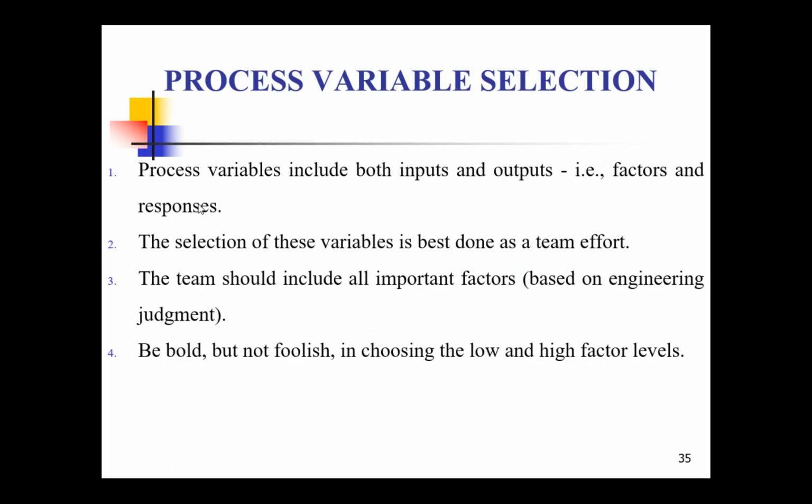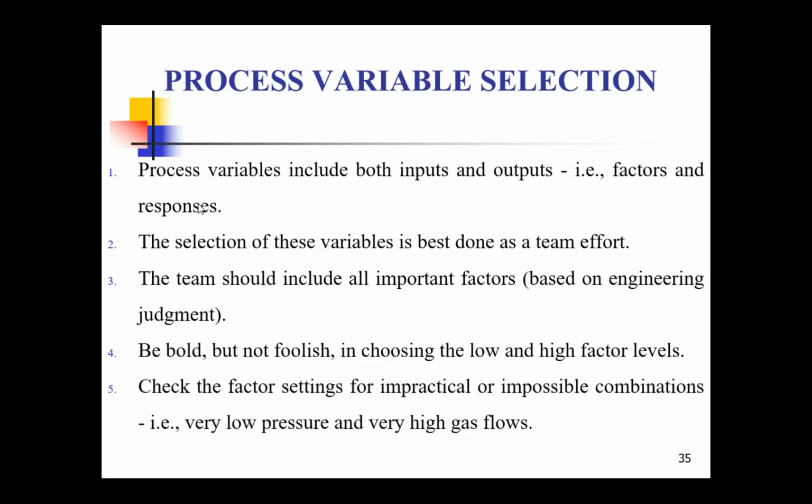Regarding selecting the level values of an input, for example the cutting speed level values, there are many handbooks or previously done works. So based on that only we have to select. Just like that we should not select. Any values that we select for the experiment should be defined in a clear manner. So we have to be bold in that.